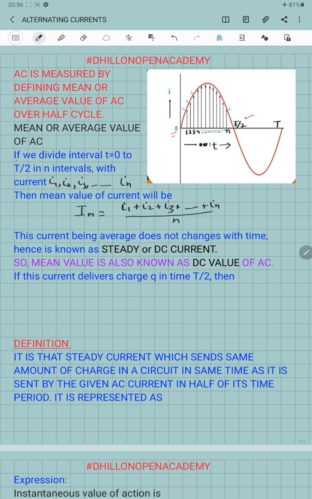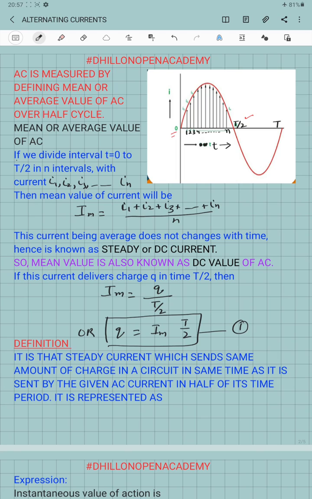So if this current is able to deliver a certain charge Q in time T by 2 to a circuit, then using the definition of current, Im will be equal to Q divided by T by 2, or we can write Q is equal to Im into T by 2. This is an important equation which will help us find the expression for the mean value of the AC. So how do we define the mean value of AC?